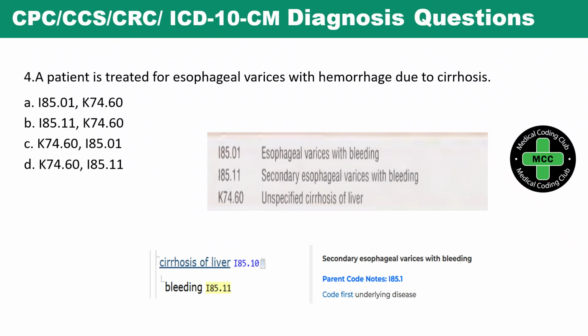So next question: patient is treated for esophageal varices with a hemorrhage due to cirrhosis. So the patient has two conditions here, and they specify hemorrhage due to cirrhosis.